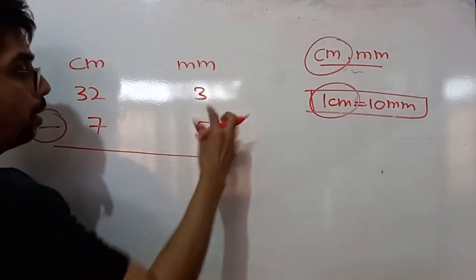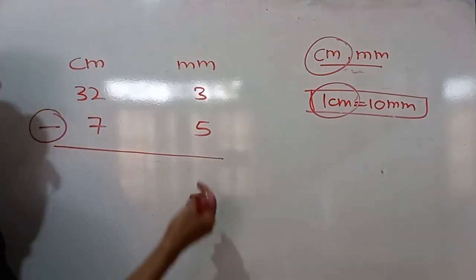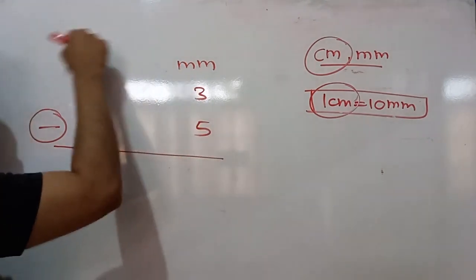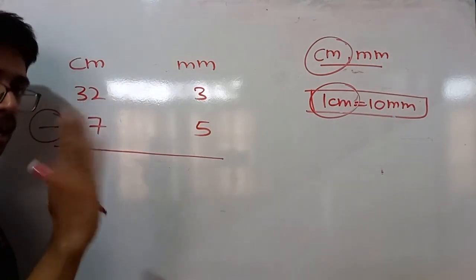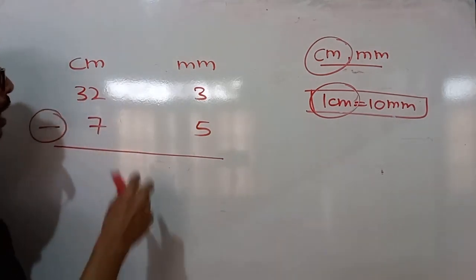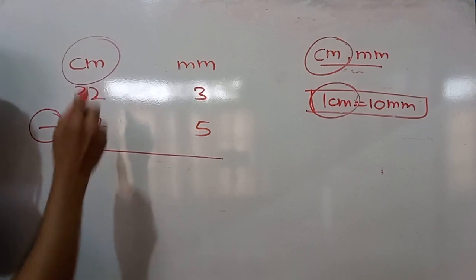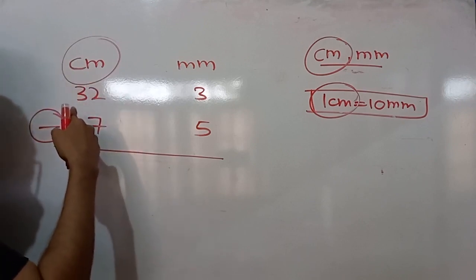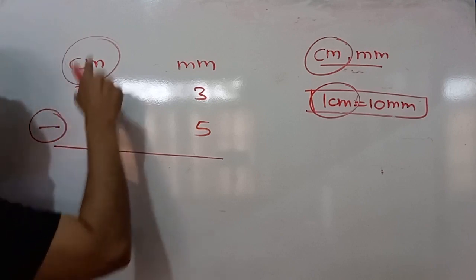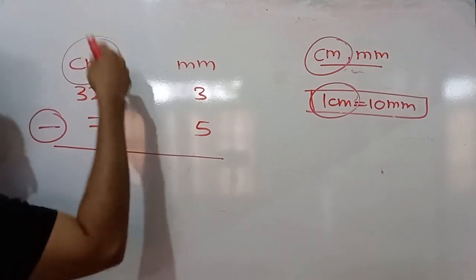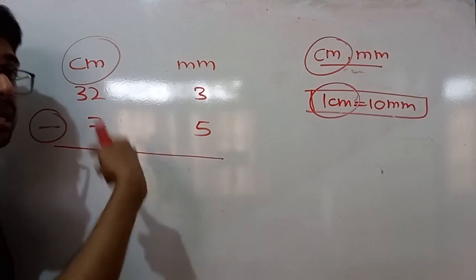Then 3න් 5ක් අපිට අඩු කරන්න බෑ. එතකොට මොකද කරන්නේ? We borrow a 1 from the centimeter portion, right? But the thing is unlike normal subtraction, when we are borrowing a 1 from the centimeter portion, and when that 1 comes to the millimeter portion, අපි ගන්න එක සෙන්ටිමීටර් පැත්තෙන් නම් මිලිමීටර් පැත්තට එනකොට ඒවා මිලිමීටර්ස් වෙනවා.